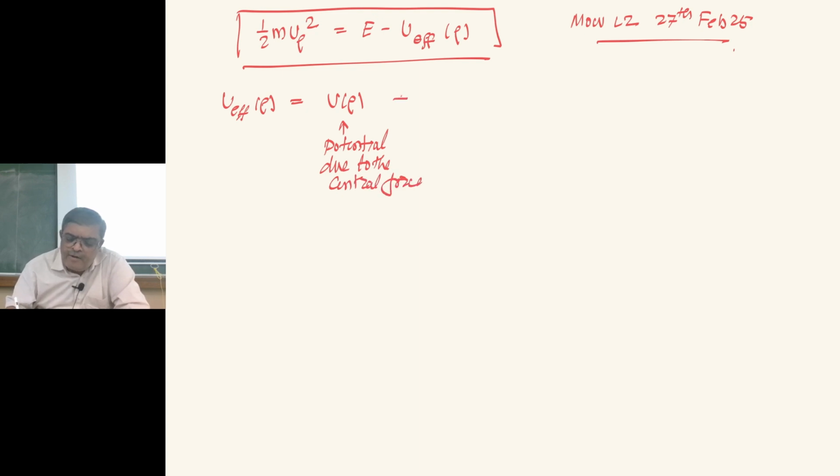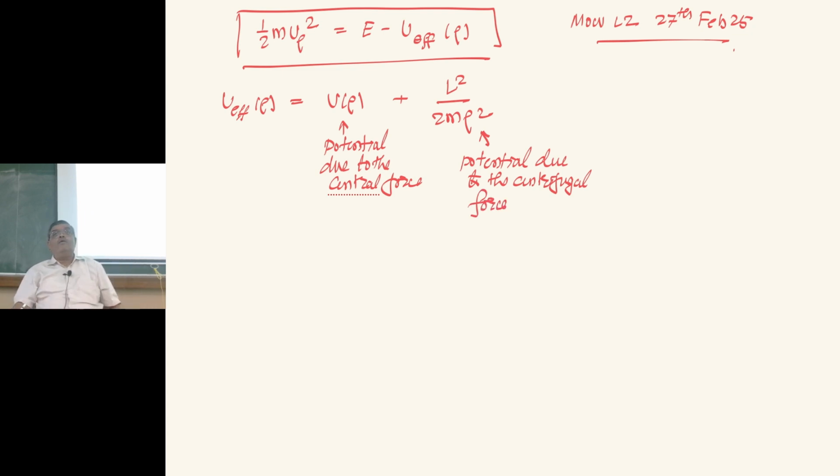And then we had another term which was L squared by twice m rho squared. And this term we recognized as the potential due to the centrifugal force.